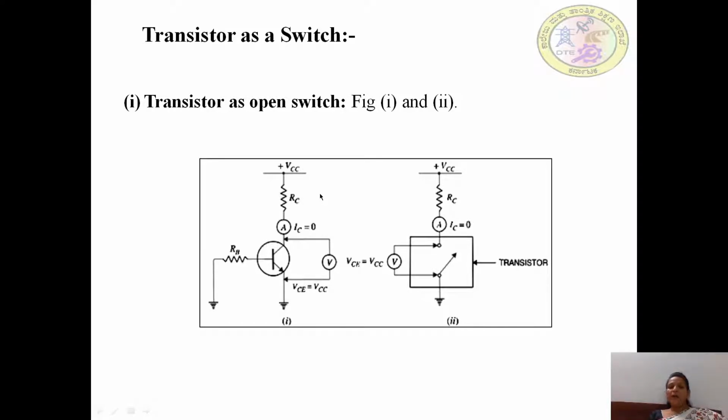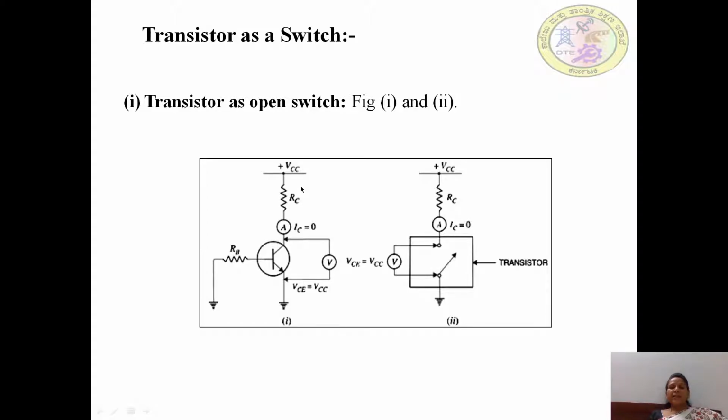So please remember, output can either be taken across the load resistor RC or across the collector emitter terminal. But output voltage taken across collector emitter terminal is most widely used, meaning that the output voltage is usually taken across the collector and emitter region. Even in this case also, output voltage means the voltage across the collector emitter terminal.